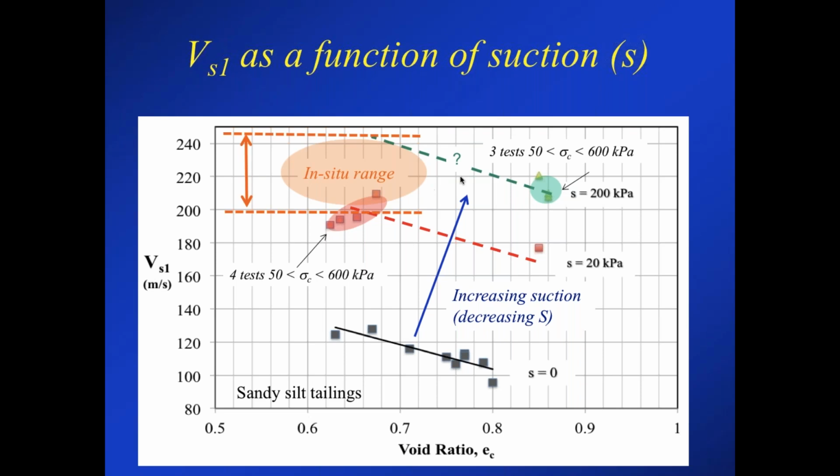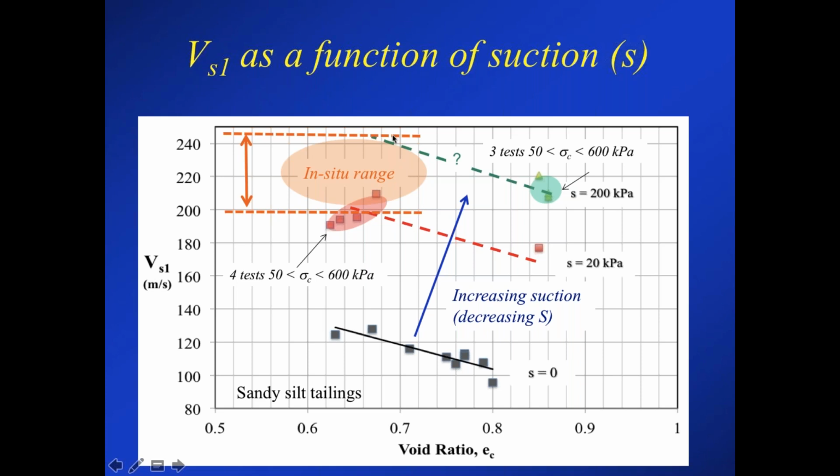And then if I add on the in situ range, the range of in situ measured normalized shear wave velocity was on average about 225 meters per second, so it ranges from roughly 200 to 250 meters per second, and the suctions are probably in the range of about 20 to 200, on average about 100 kPa suction.